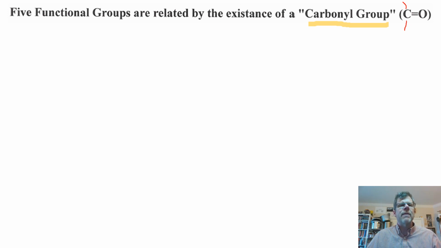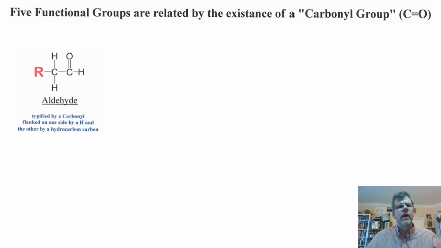We can name 5 new functional groups related by the fact that they all have a carbonyl group within them. So let's look at these. First one, we'll talk about our carbonyl. So if I have our carbonyl here, there's a C double bond O. And those 2 additional bonds emanating from carbon determine the name of this functional group.